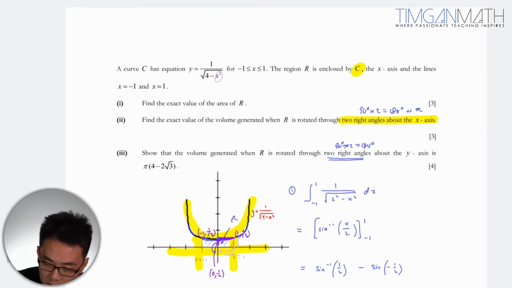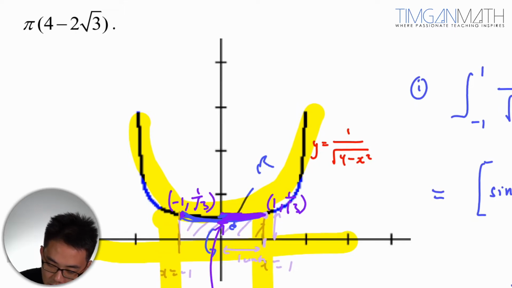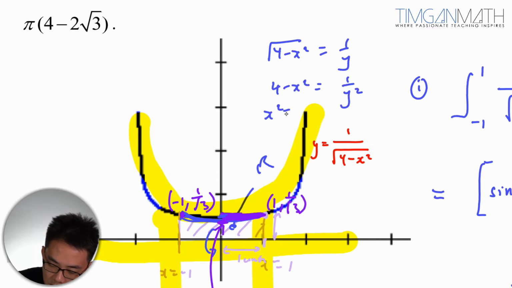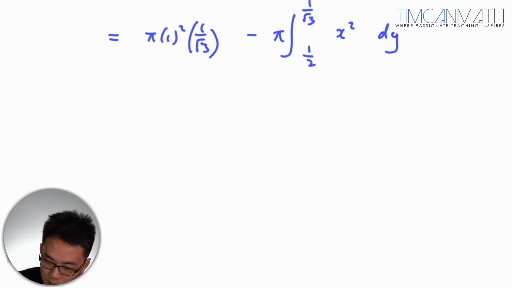Okay, so I'm going to find out what's our x squared, make x squared the subject. So this will be square root 4 minus x squared equals 1 over y. 4 minus x squared equals 1 over y squared. x squared equals 4 minus 1 over y squared. Okay, so this is 4 minus 1 over y squared.